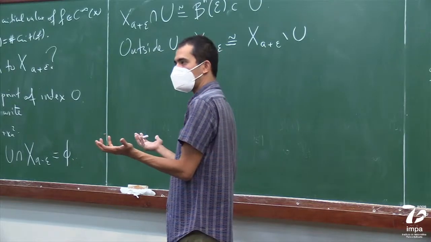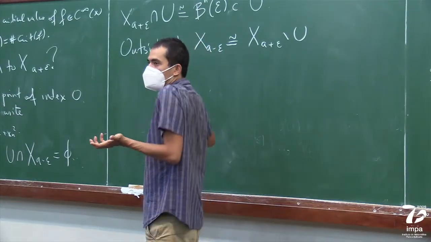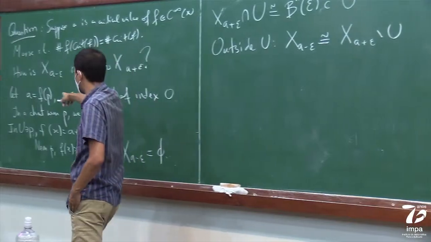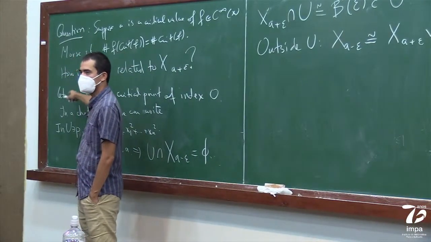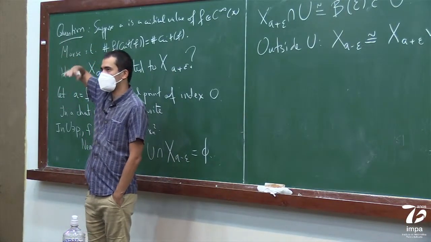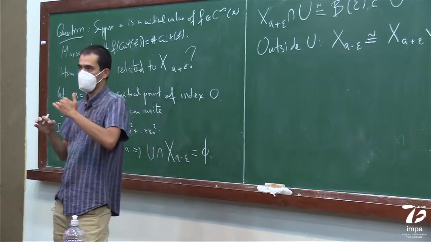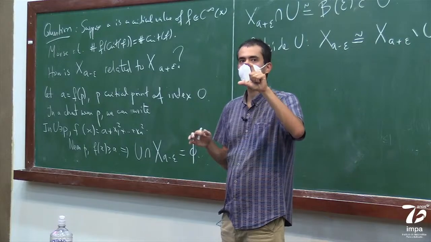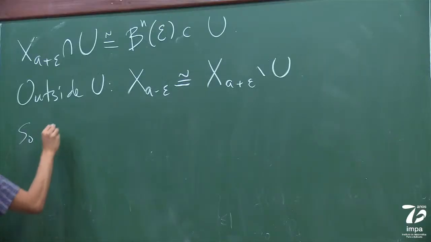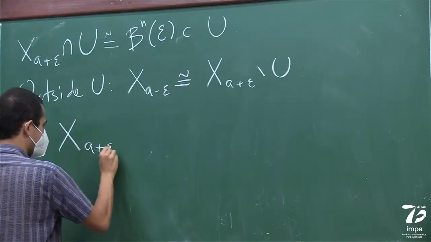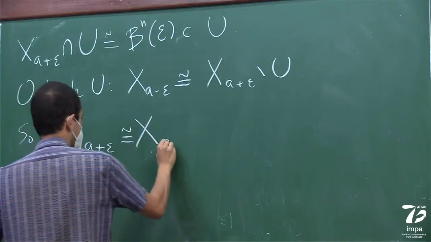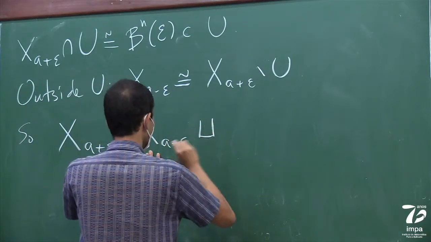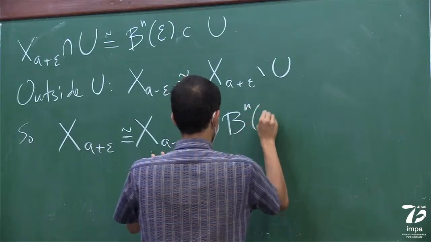Because remember, P is the only critical point in this level, and everything nearby has no other critical points or critical values if epsilon is sufficiently small. So the conclusion is that x^(a+epsilon) is diffeomorphic to x^(a-epsilon), disjoint union with a little ball.